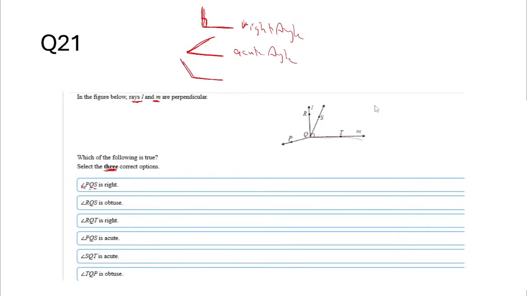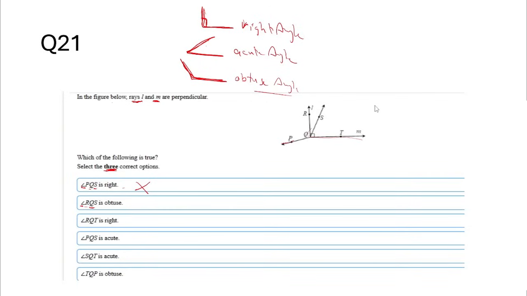And this is an obtuse angle. Right? Anyway, this one, we said PQS is a right angle. PQS, this one. No, it's not a right angle. So this is not the right answer.